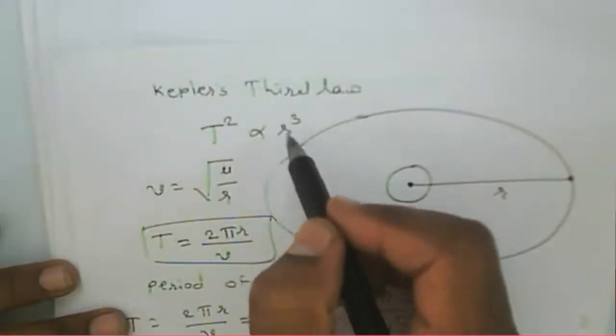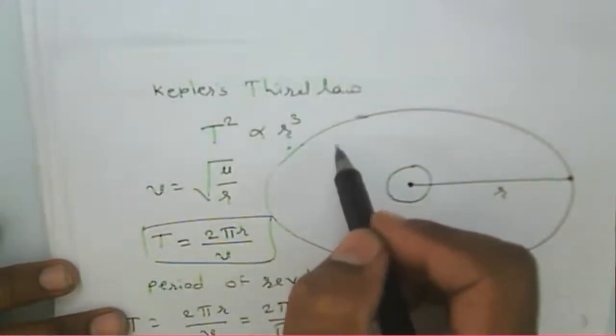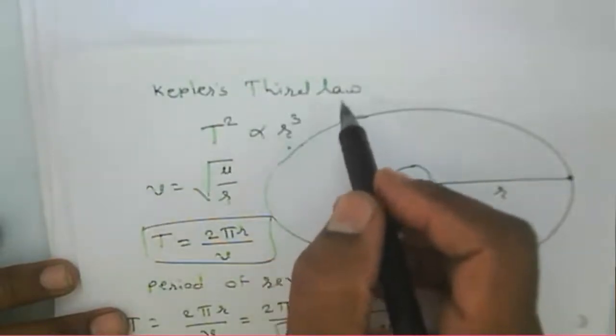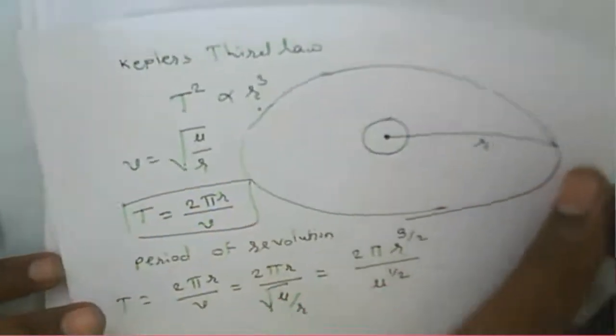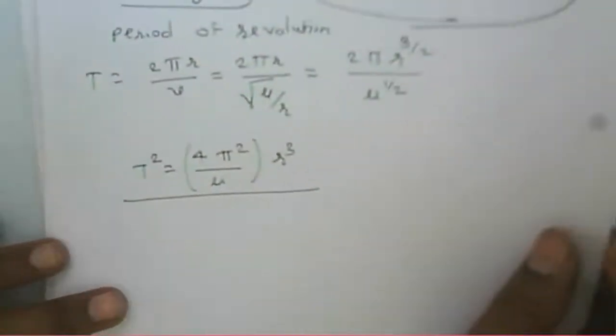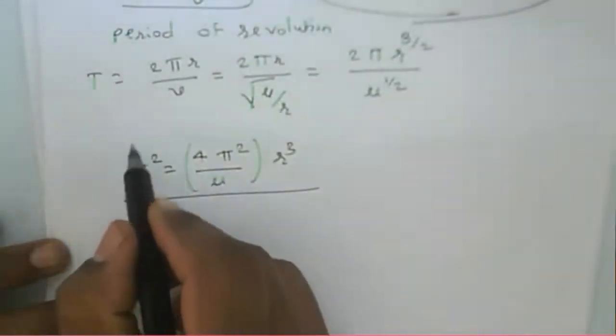What we say is that the revolution period squared is directly proportional to the cube of the distance of the satellite, the cube of the distance from the center of the Earth to the orbit.